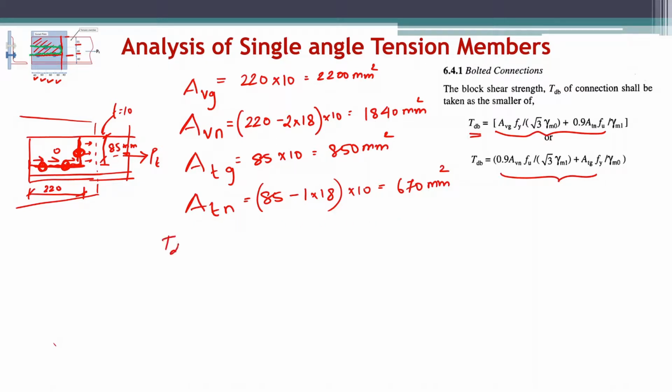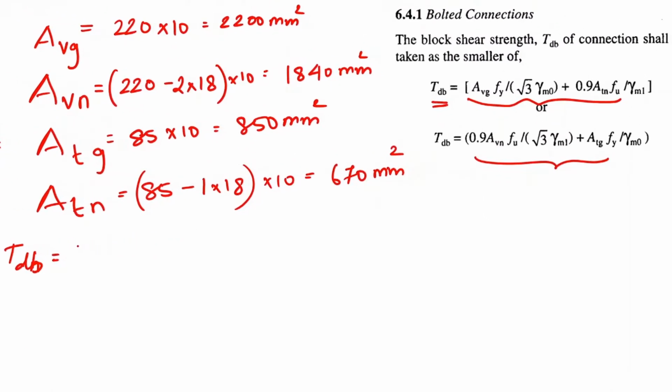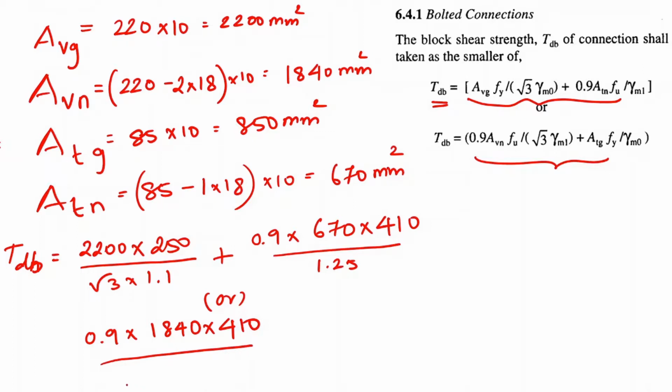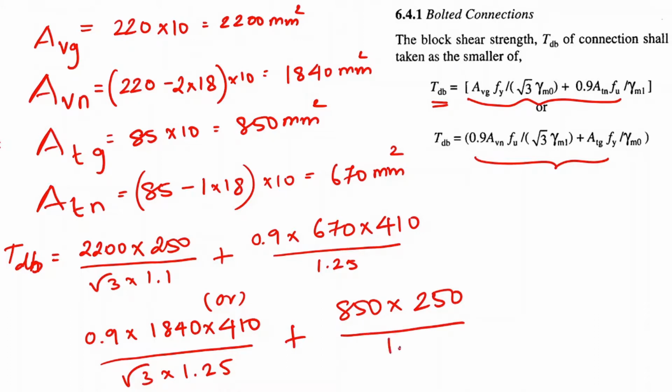For this failure pattern, the block shear strength TdB is equal to ABG is 2200 into Fy is 250 upon root 3 into gamma m0 is 1.1, plus 0.9 into ATN is 670 into Fu is 410 upon gamma m1 is 1.25, or 0.9 into ABN is 1840 into Fu is 410 upon root 3 into gamma m1 is 1.25, plus ATG is 850 into Fy, the yield stress 250 Newton per mm square, by gamma m0 1.1.